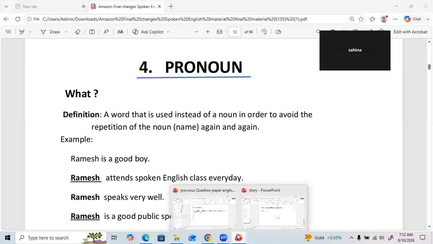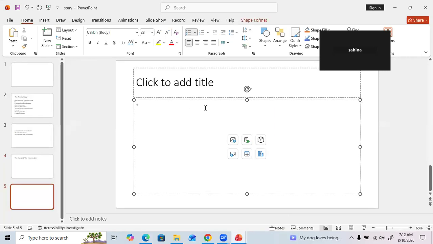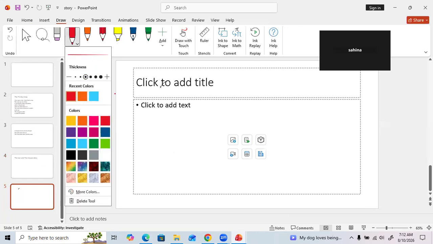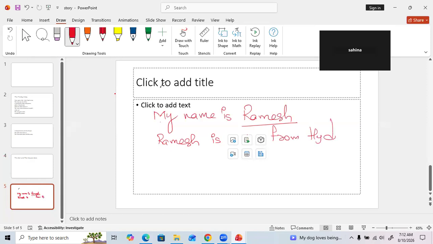For example, let me take one slide here. Okay, fine. So let's say if I go through introduction, as it says, my name is, let's say Ramesh. After that, instead of saying I am from, if I say Ramesh is from, let's say Hyderabad or Mumbai, for example.